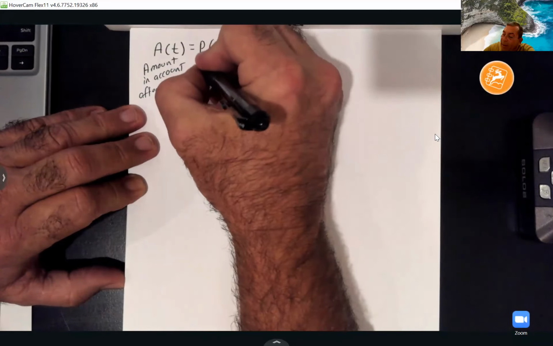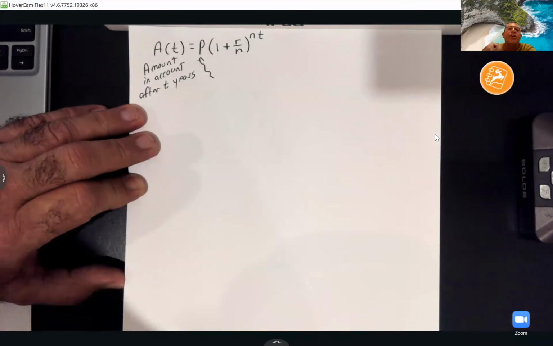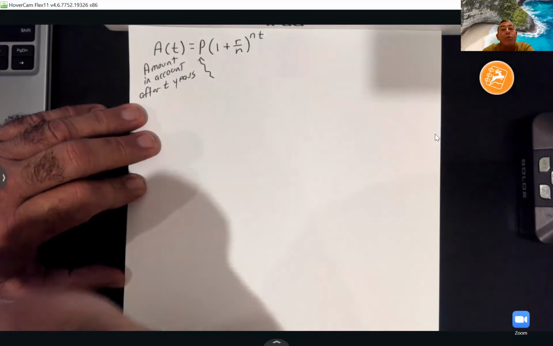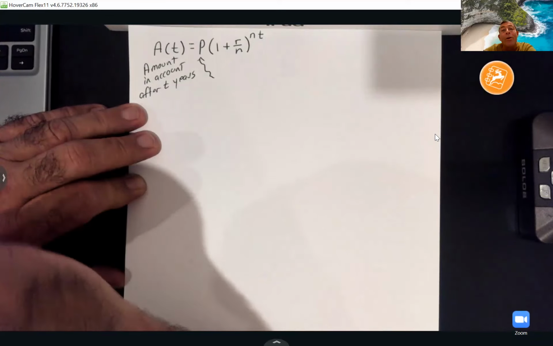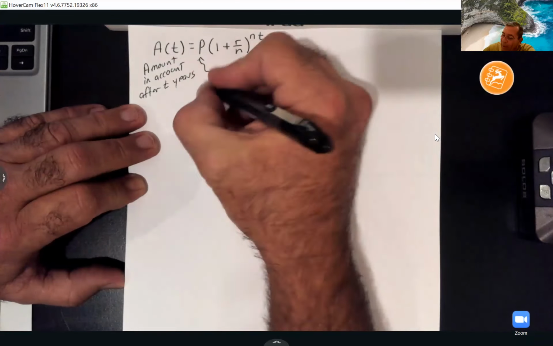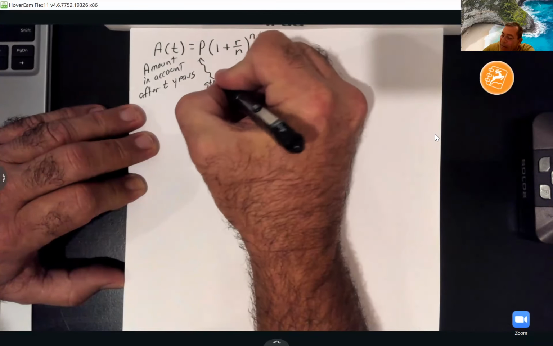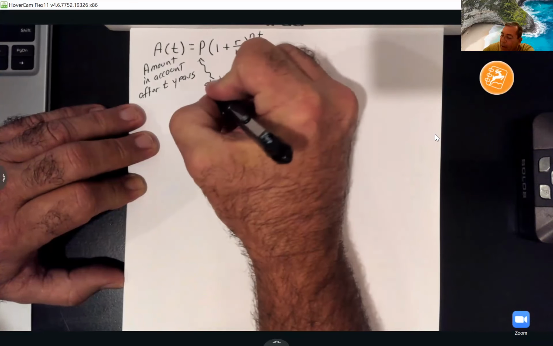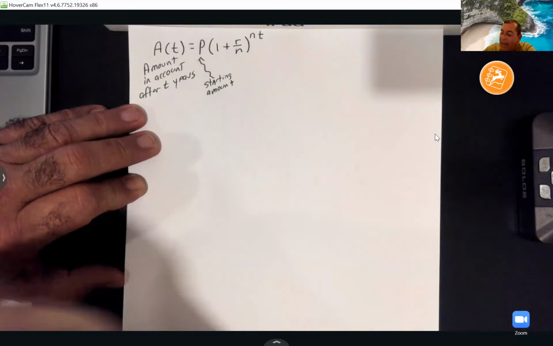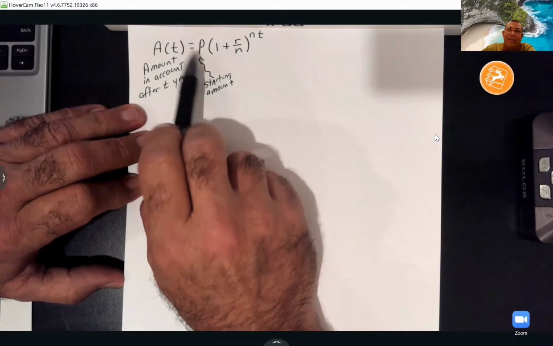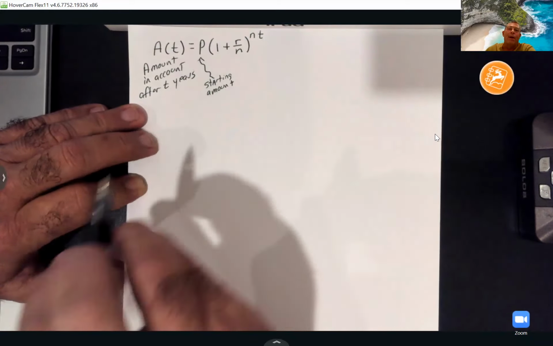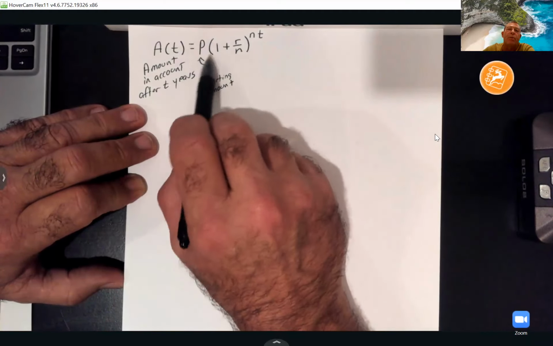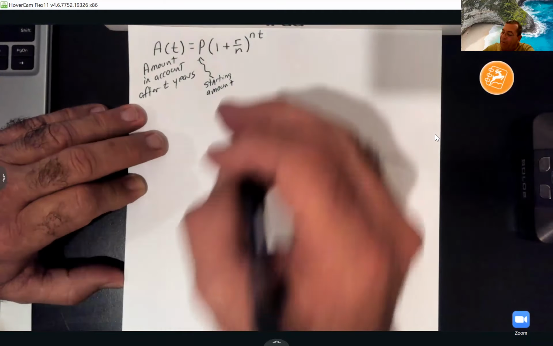P is your principal or your starting amount. So I always use it as my starting amount. So if I'm investing 5,000, P is going to be 5,000, okay? Or you can remember it by it's your principal balance, which is what you started with.